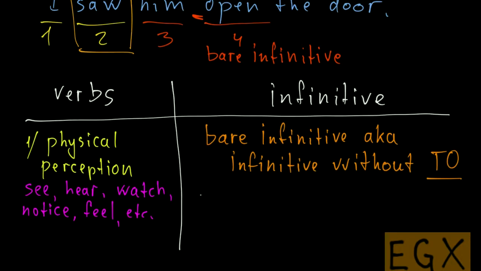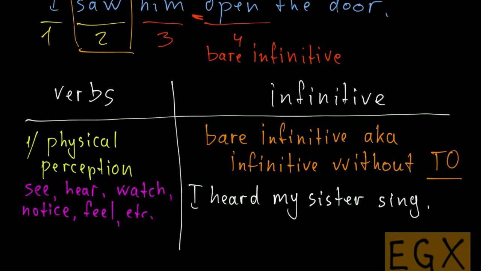Let's have an example. I heard my sister sing. So this is my subject, this is my verb, and this is physical perception because I hear with my ears and so on.